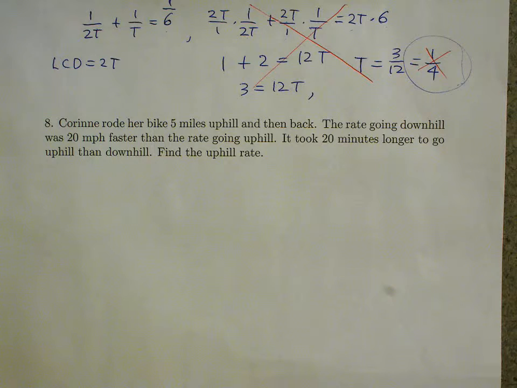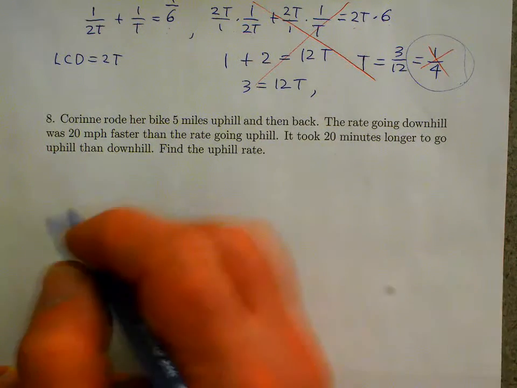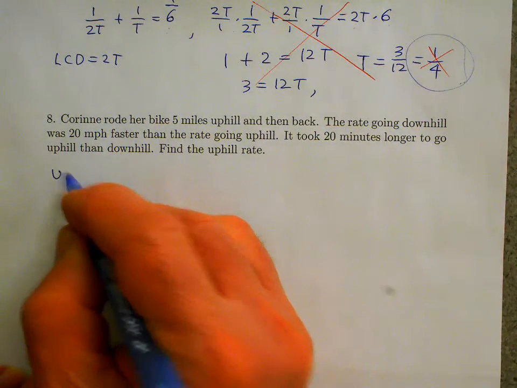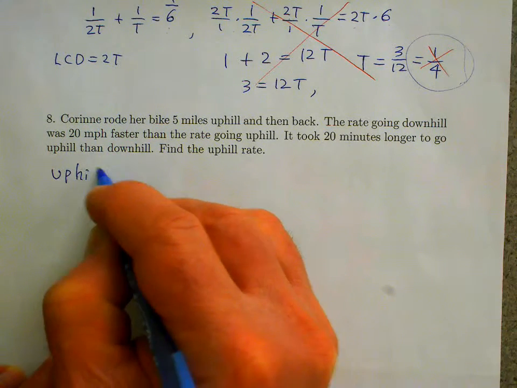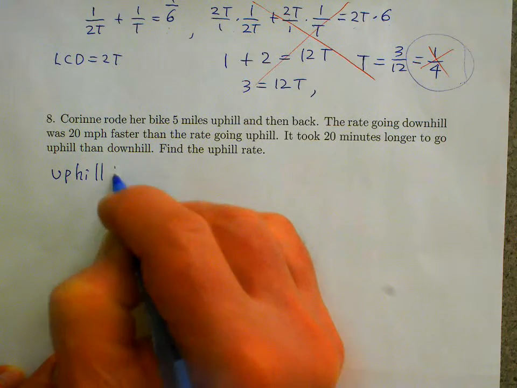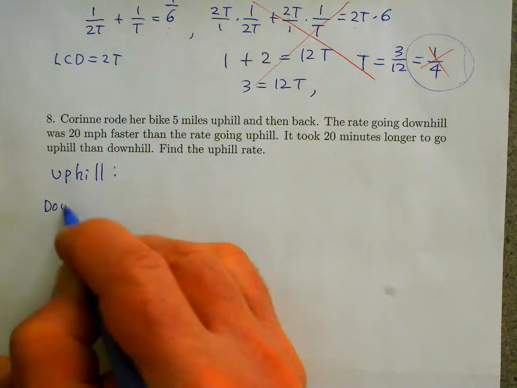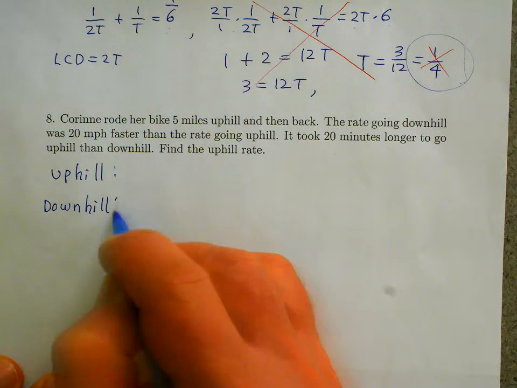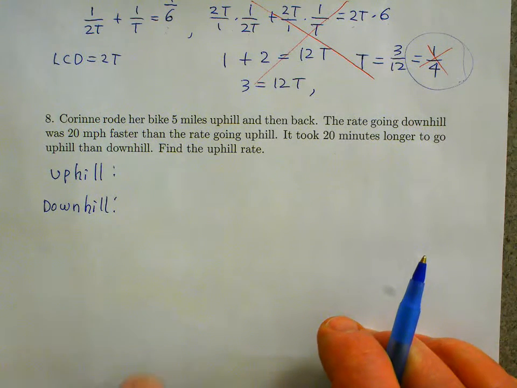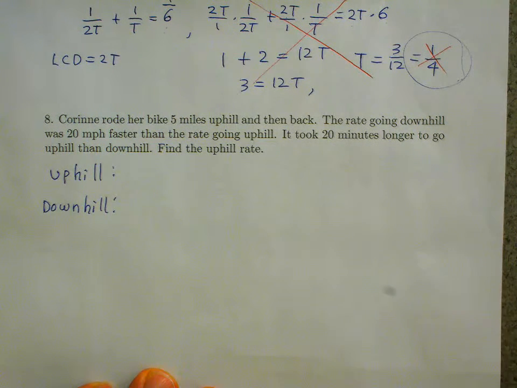Find the uphill rate. Okay, so Corinne rode her bike a distance of 5 miles uphill, and then a distance of 5 miles downhill. Find the uphill rate.